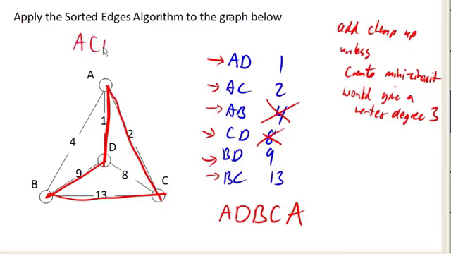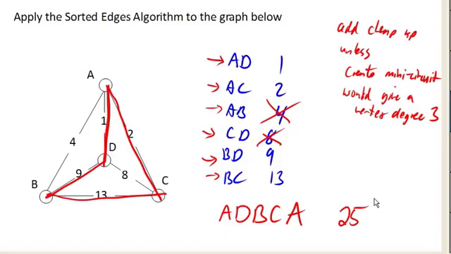If I didn't care what vertex I started at, I could also start at B, but usually we list our answers starting at A. And there is our circuit, and that circuit ends up having a total cost of 25. Now, that's not the optimal circuit, but it's certainly not the worst one in the graph either.